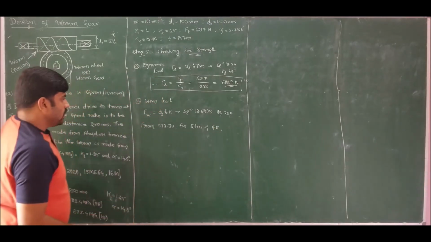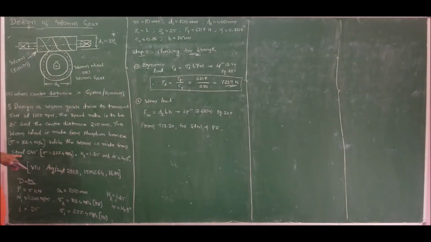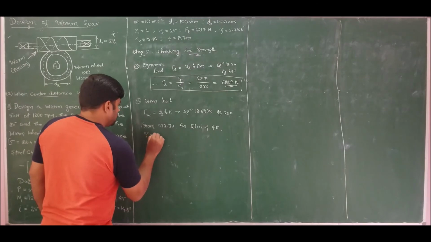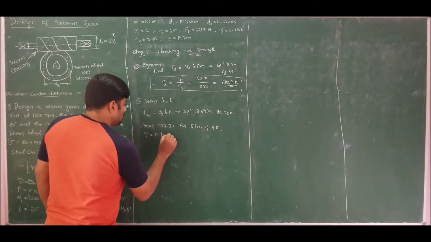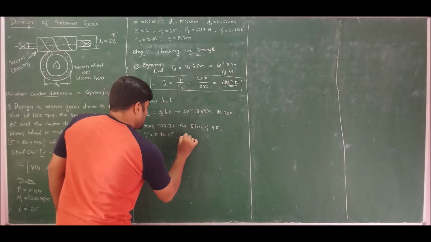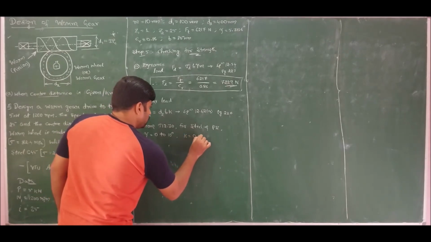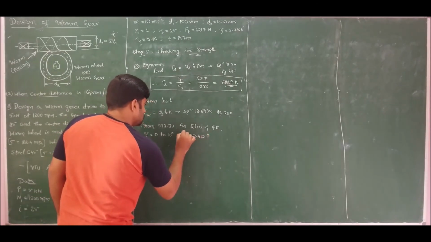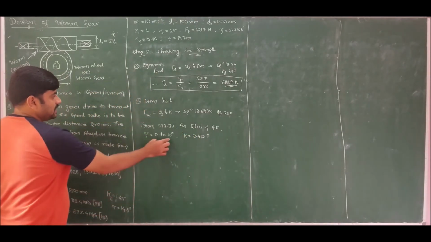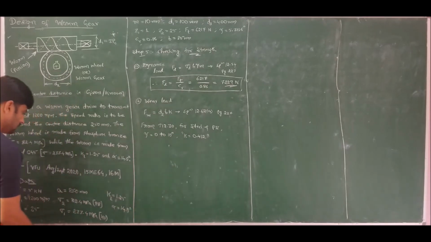For worm made of steel and worm wheel made of phosphorus bronze with gamma ranging from 0 to 10 degree, the value of K is 0.412. Because gamma for this problem is 5.7, which is in this range.